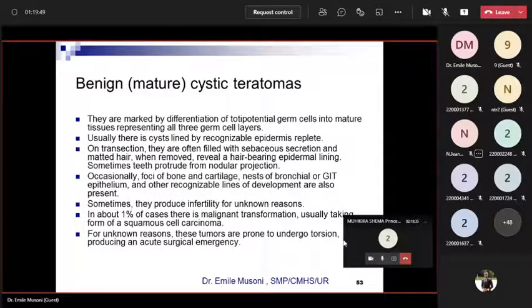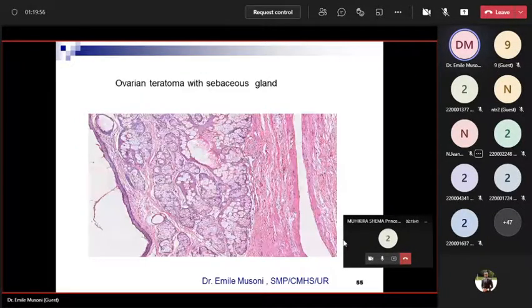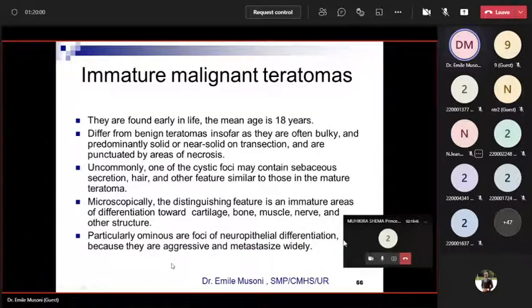So there are several types. Here I see the sebaceous gland and stratified squamous epithelium. The immature teratoma has foci of neuroepithelial differentiation. This one is aggressive and it can metastasize.